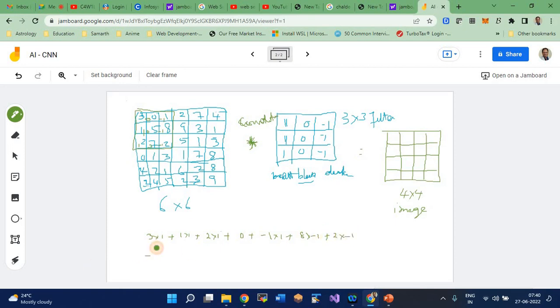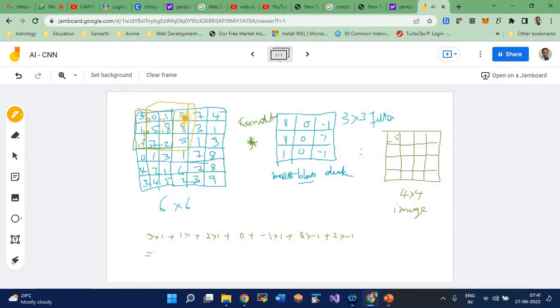If I add all of them, I should be getting something like minus 4. Now I will stride a little bit. I will go to the next one by sliding to the next pixel. Now I will use the same filter, but apply it on this part of it.